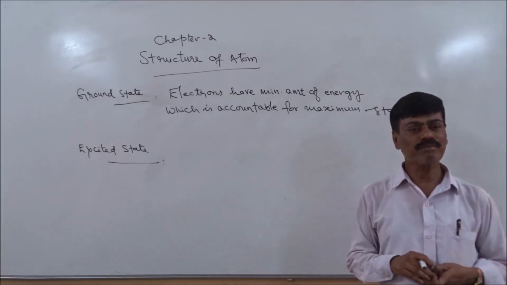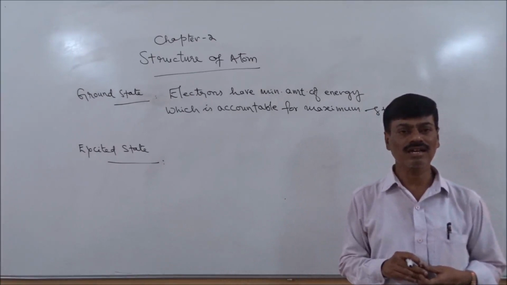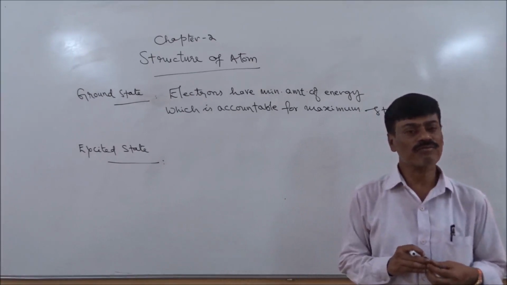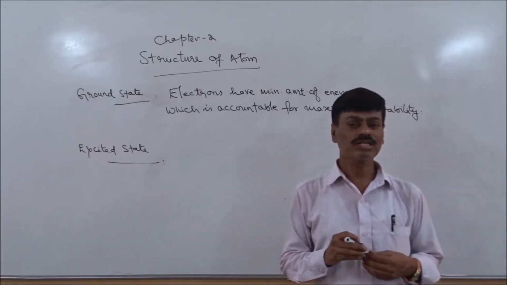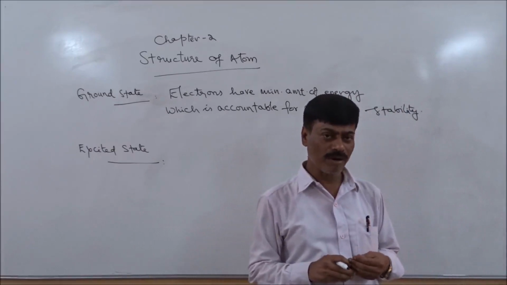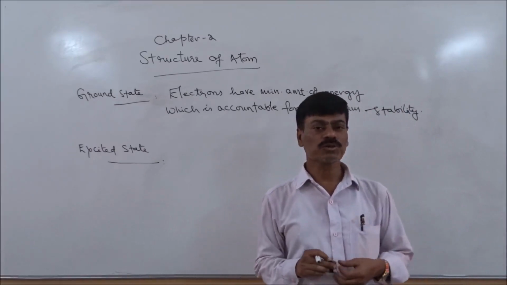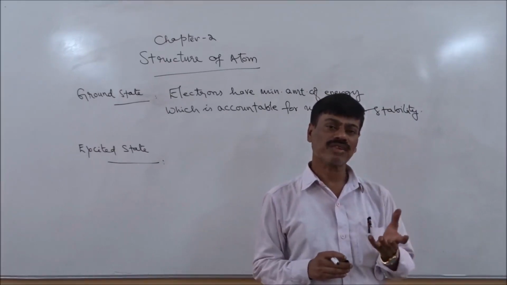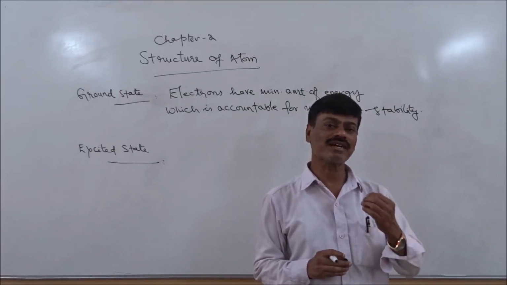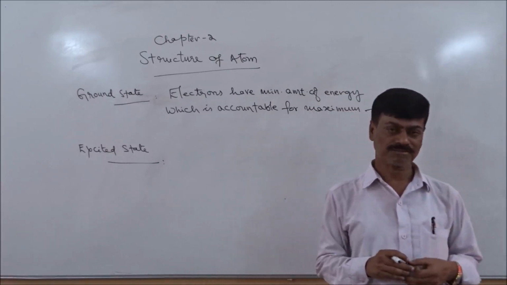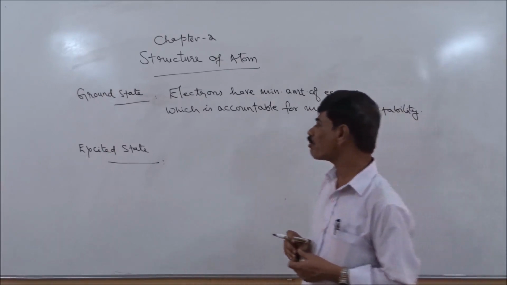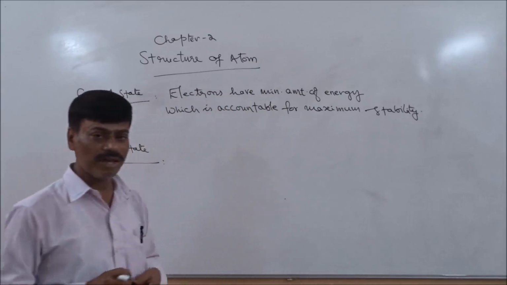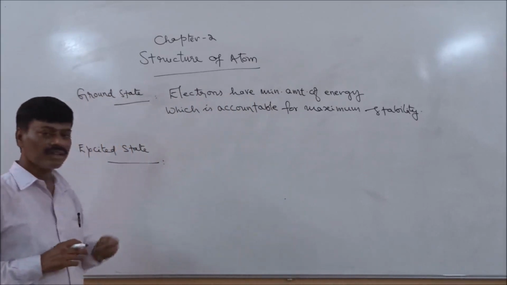So here jump may occur from one shell to the other shell, means from one principal quantum number to the other principal quantum number, point number 1. Point number 2, that electron may take a jump within the shell from one subshell to the next higher subshell. So in any way, jump of the electron can take place once that electron is excited.